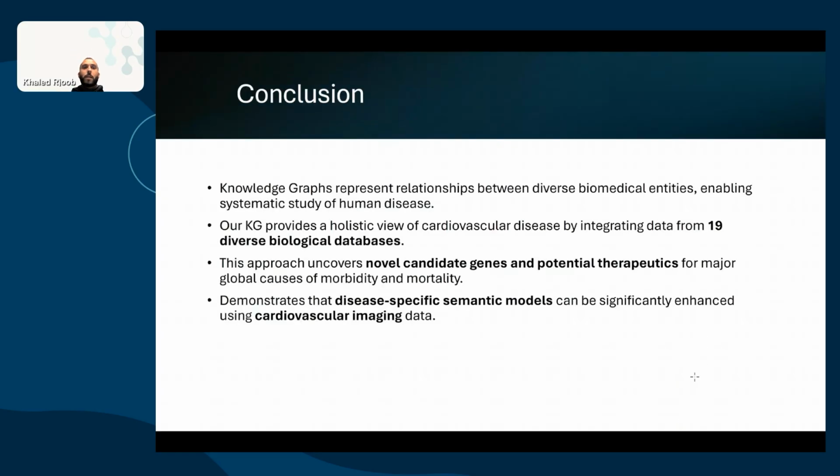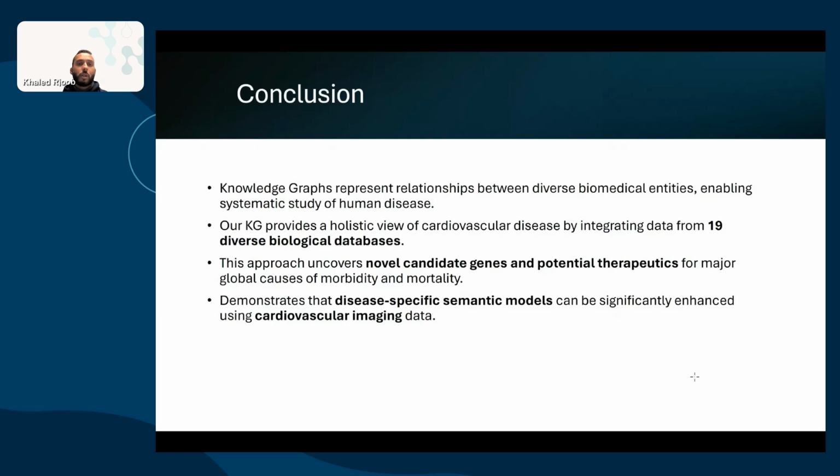So just to sum up, the knowledge graph was very helpful in our work in terms of integrating multimodal data. It enables us to study human diseases such as cardiovascular diseases. Our knowledge graph provides a holistic view of cardiovascular diseases by integrating data from 19 different biological databases.